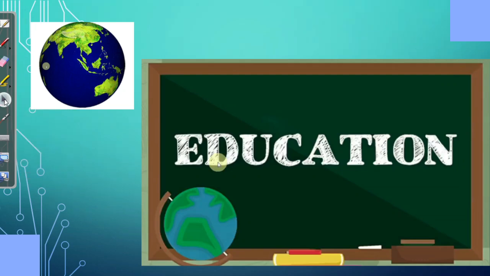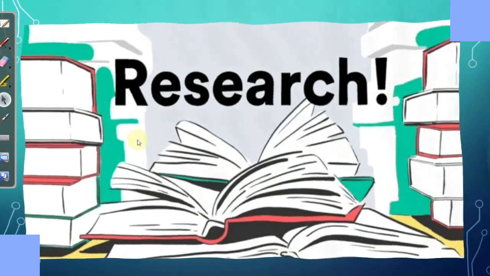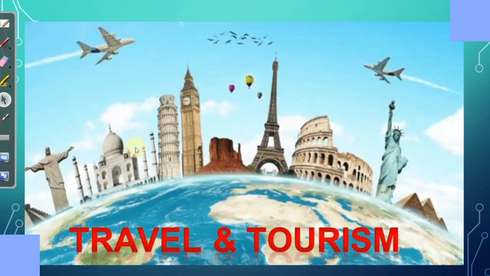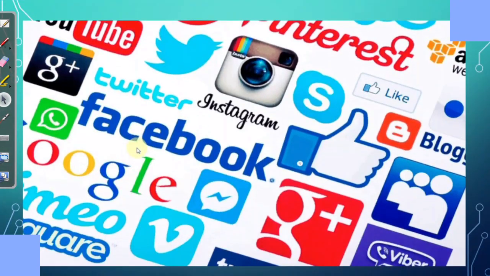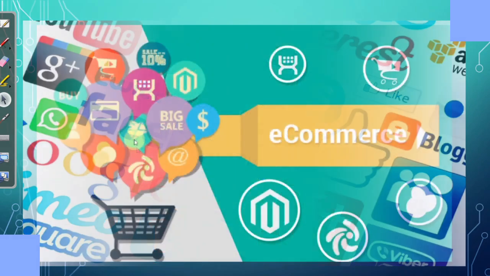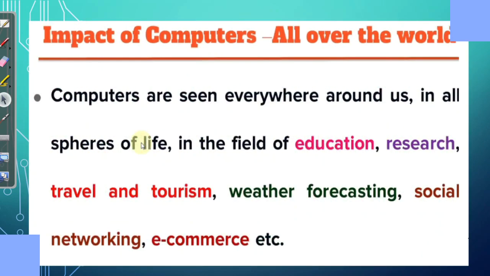Then in research, travel and tourism, weather forecasting, social networking like Facebook and WhatsApp, e-commerce and so on. So the impact of the computer is all over the world, in all spheres of life.